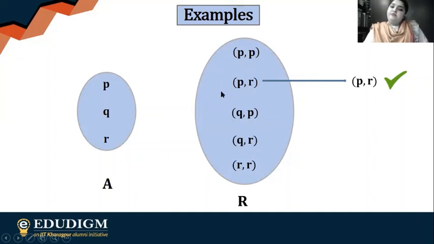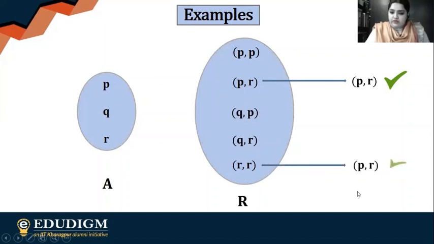Now let's look at (P, R). What are the elements which are starting with R? You will notice that the element starting with R is (R, R). So these are the two things we check for. For (P, R), we have (R, R), so (P, R) should be there, which is perfectly okay. Now there's nothing else which is starting with R, so we move on to the next element, (Q, P). We have (P, P), and this (Q, P) is present.